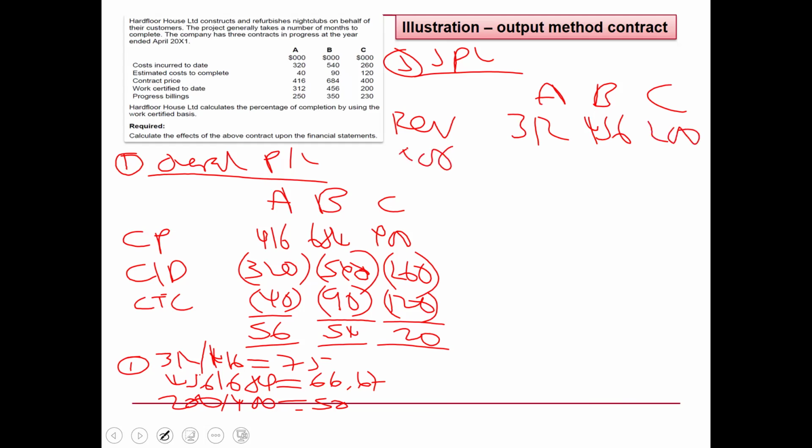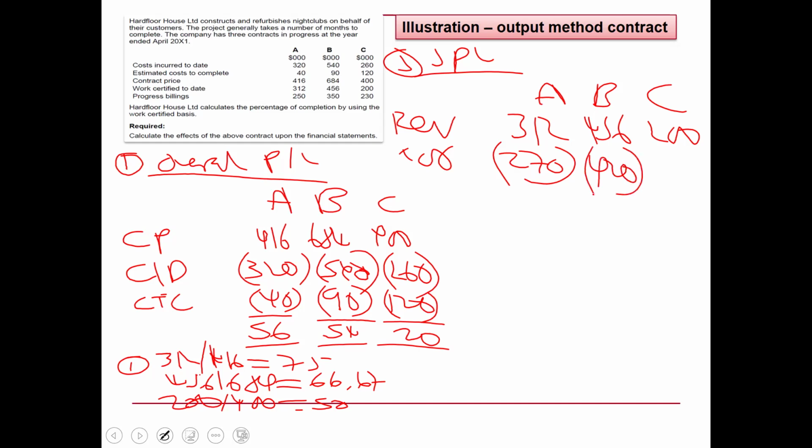Then our cost of sales, same concept, 75% of the total cost we are going to be incurring, which means 75% of 320 plus 40. So 75% of 360, we get 270. And then 66.67% of the total of 540 plus 90, we get 420 there.